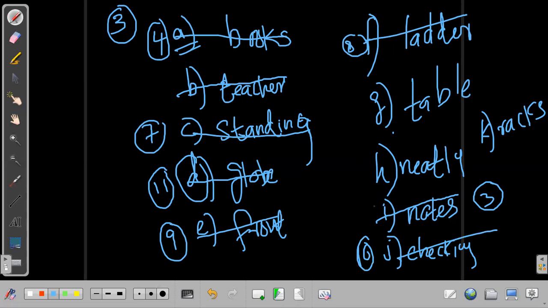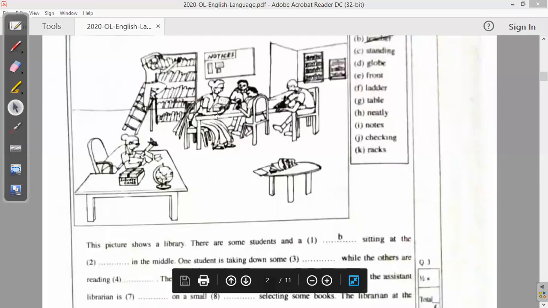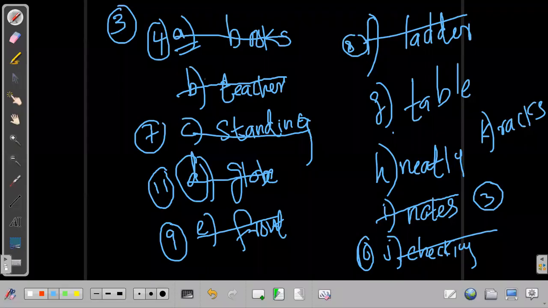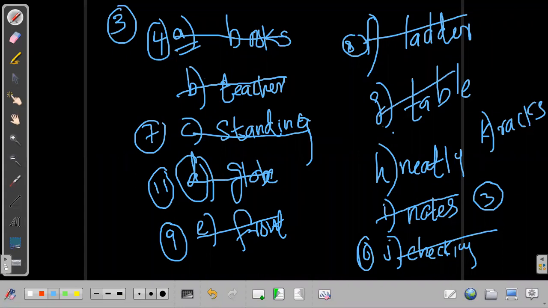As you can see at the far end, I'm going to take you back to the question. At the far end, there's a teacher with another 3 more students sitting next to a table. So that's what they are saying. So number 2 should be filled with G, right?